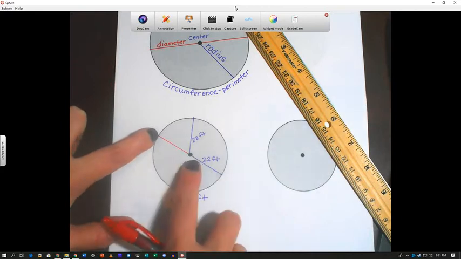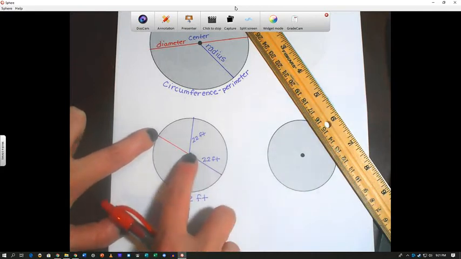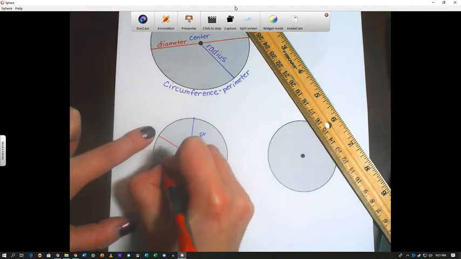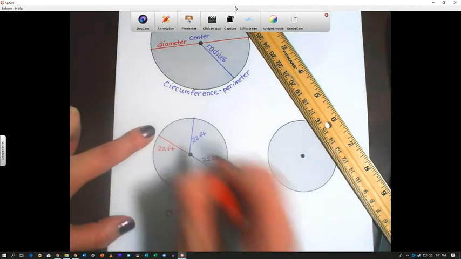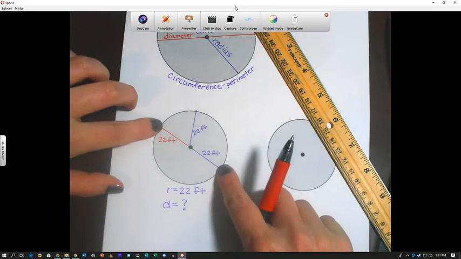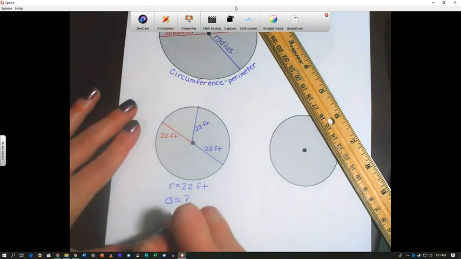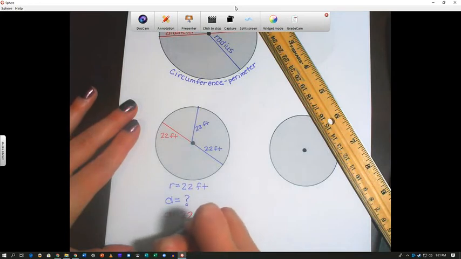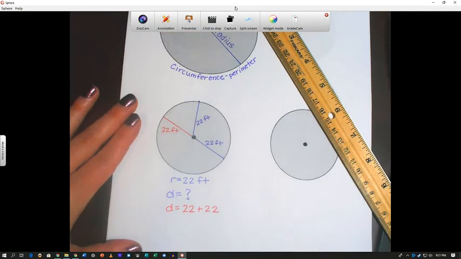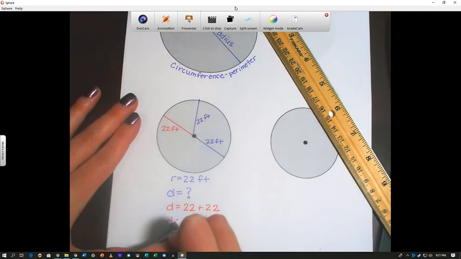Well, if this is 22 feet, each radii is the same length. This also has to be 22 feet. So if I add those two line segments together, I find that the diameter is 44 feet.